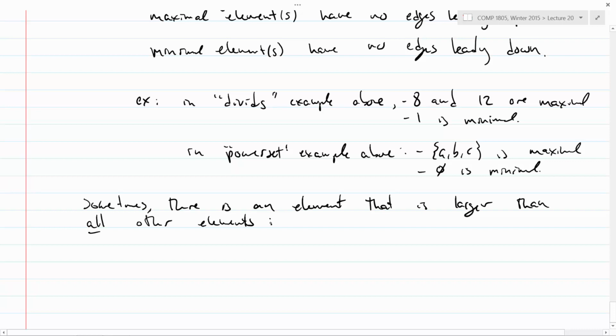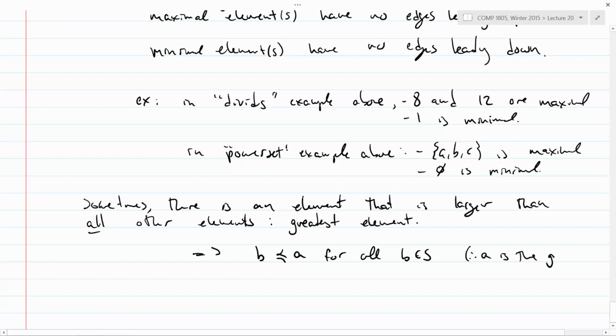And this is called the greatest element. What this means is that B is less than or equal to A for all B in S. And if that happens, then A is the greatest element.